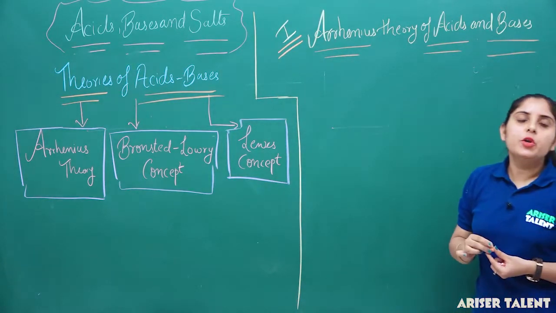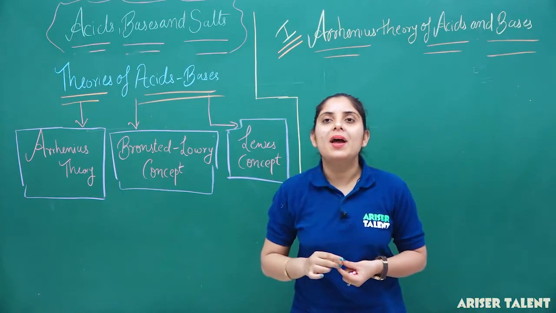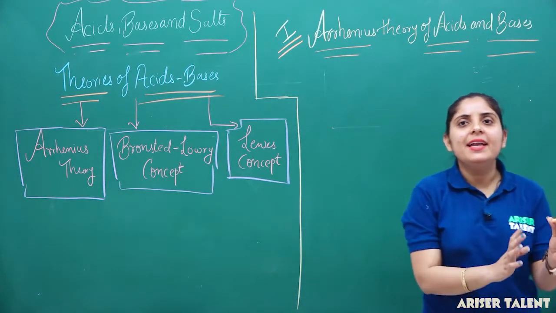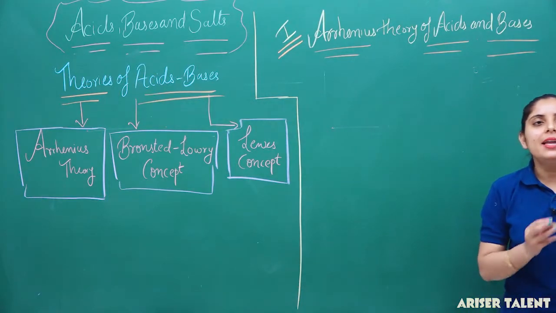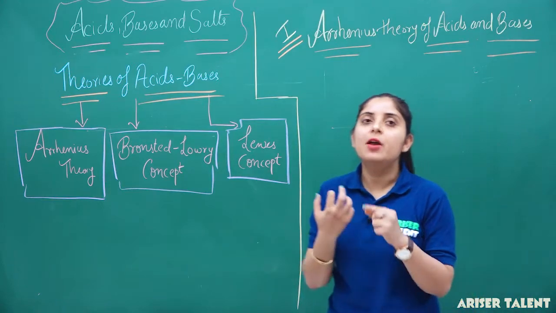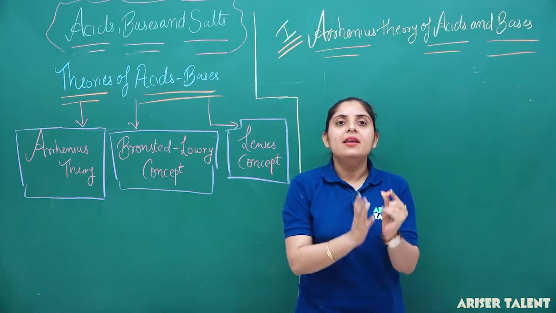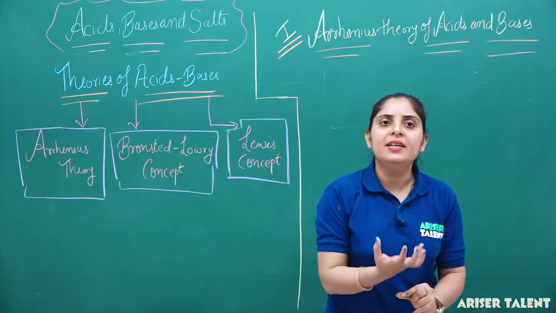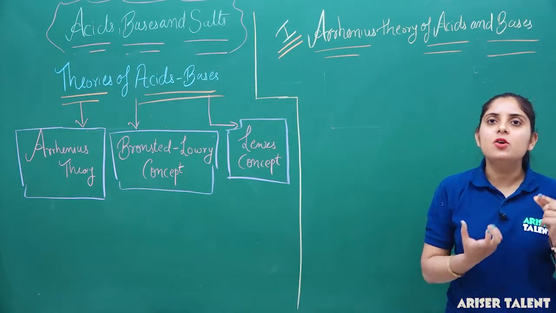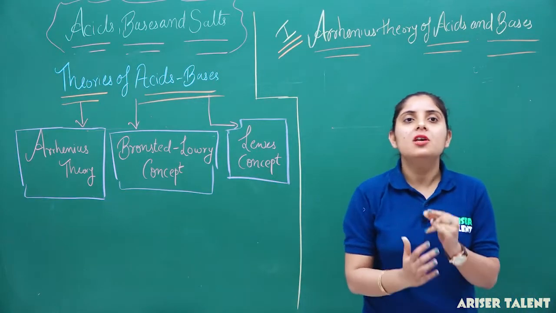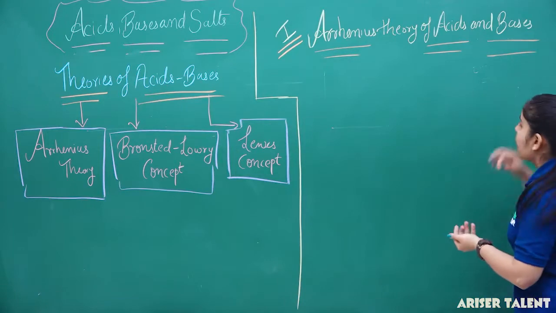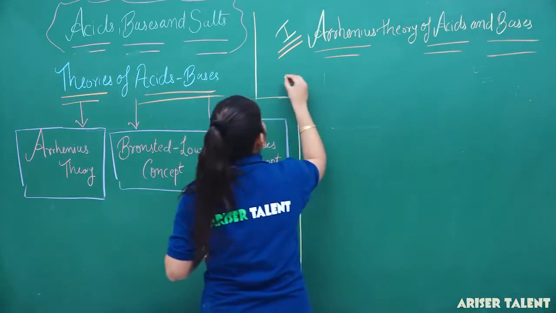This theory was proposed by a chemist known as Svante Arrhenius between 1884 and 1887. Acids are substances which have a tendency to release H+ ions in their aqueous solution, and bases, on the other hand, are compounds which have the tendency to release OH- ions.